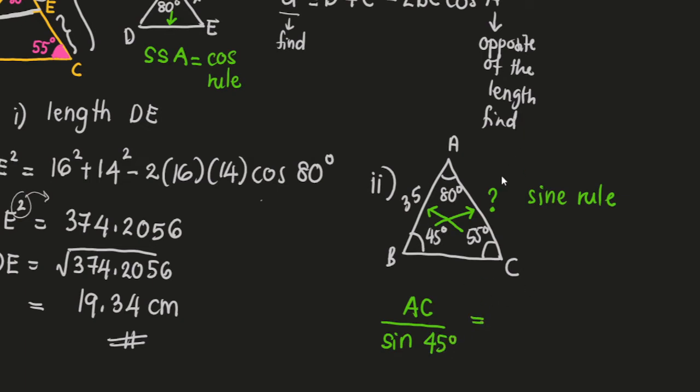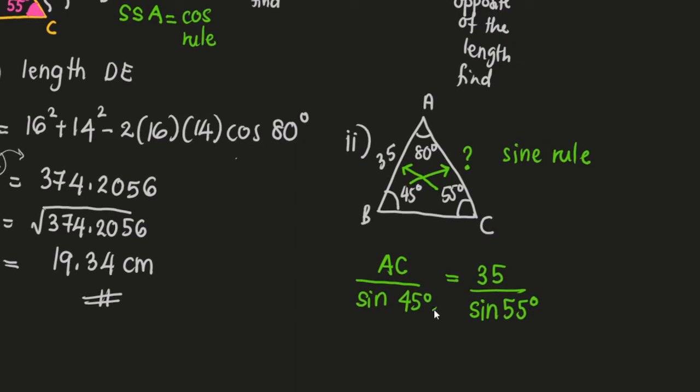Compare with the other angle and the length. The length is 35, over the angle sine 55. How to find the AC? We are going to cross multiply. So AC will be 35 over sine 55 times sine 45.